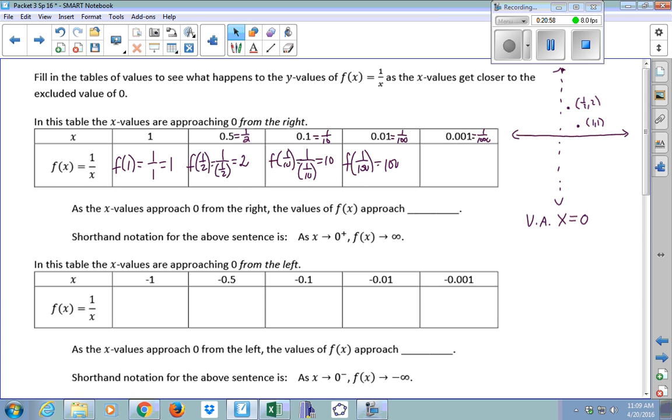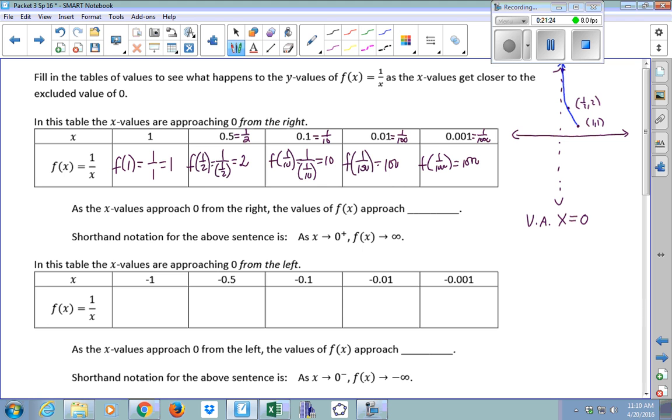So I'm already like halfway up to the ceiling now, to plot my next point. And then f of 1/1000th, I'm at 1000. So I'm sitting up on the roof now, right? So this thing, as it approaches 0 from the right-hand side, is increasing without bound. So it's going to positive infinity.